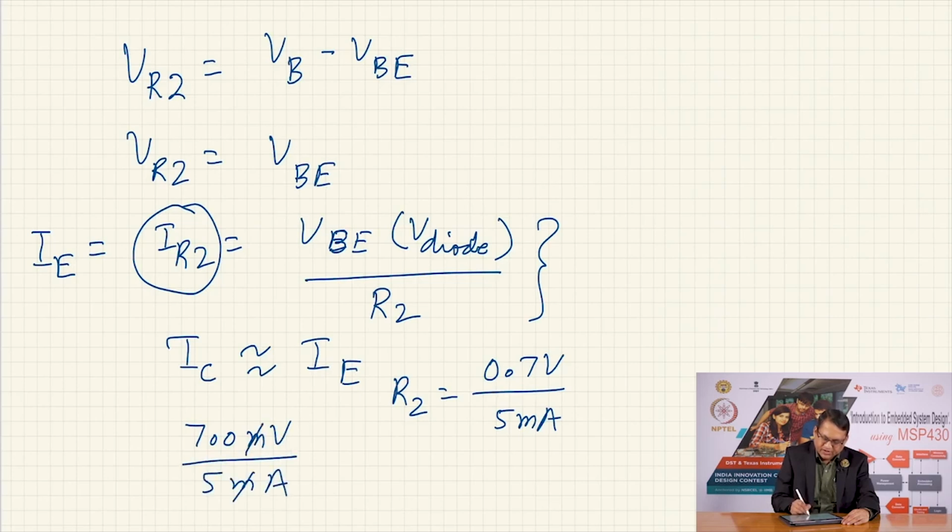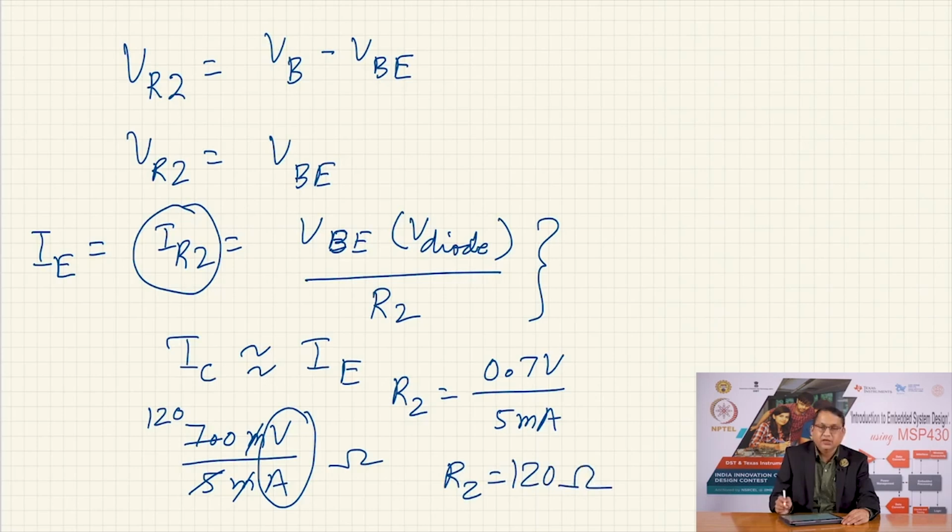The volts divided by ampere leads to ohms, and this is roughly 120 ohm, which incidentally is a standard value.